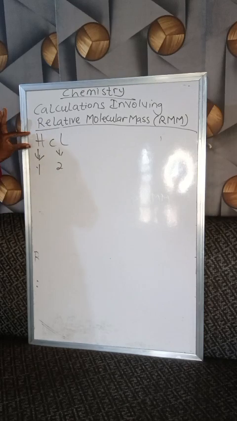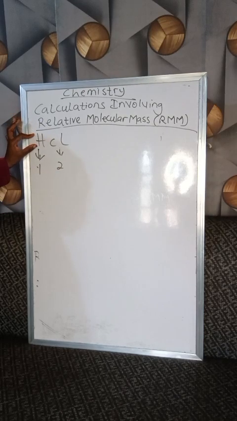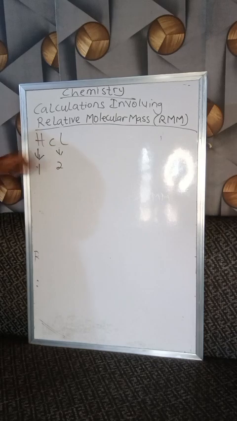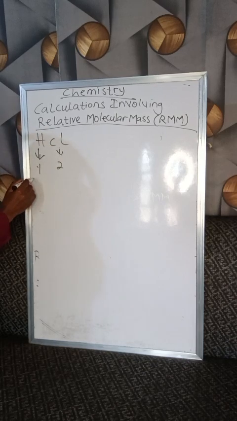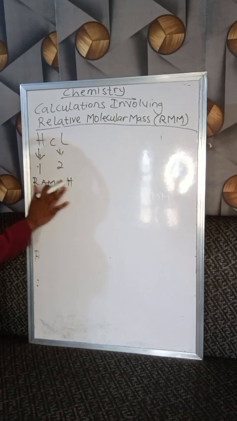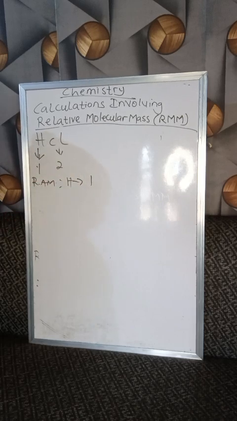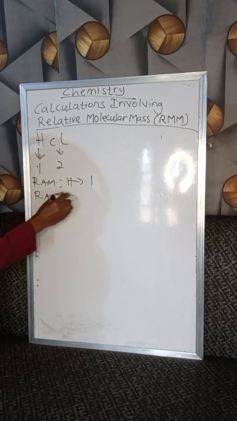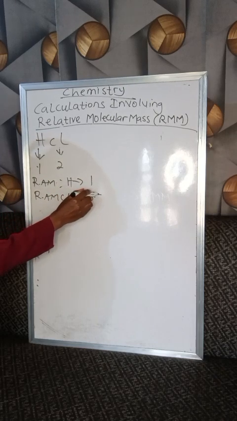This hydrogen has a relative atomic mass, and this chlorine also has a relative atomic mass. The relative atomic mass of hydrogen is 1, while that of chlorine is 35.5.